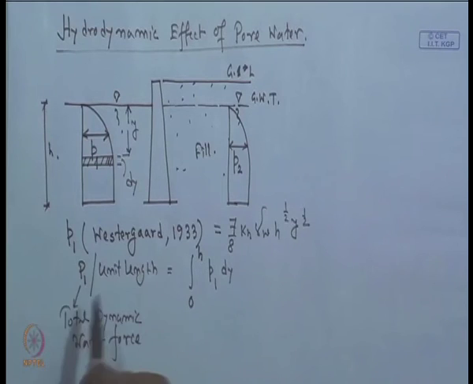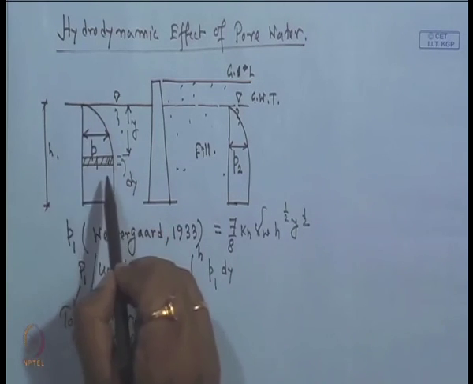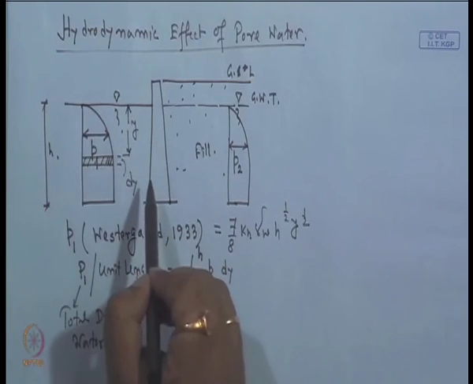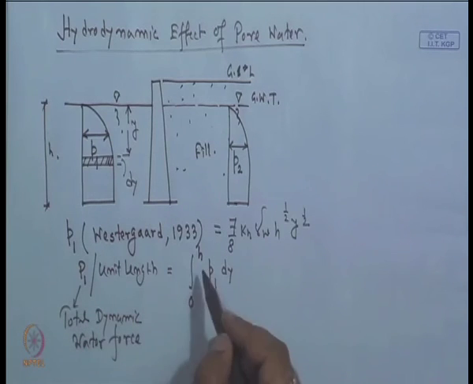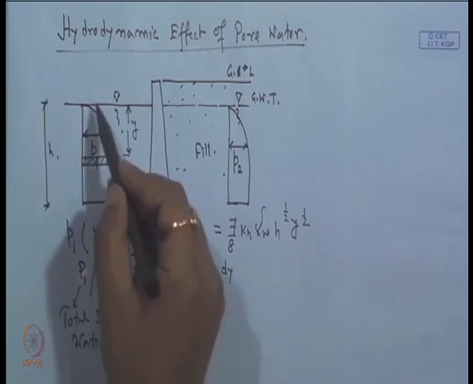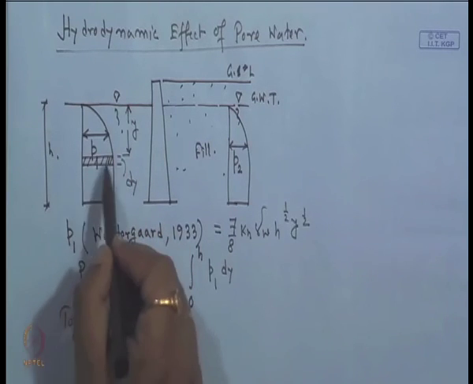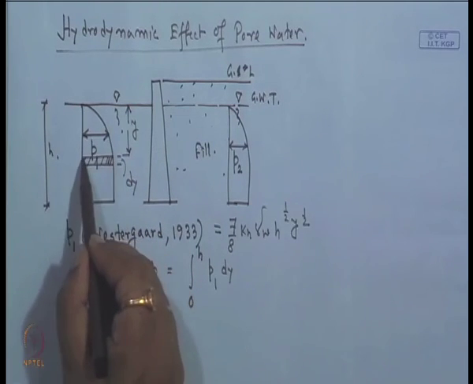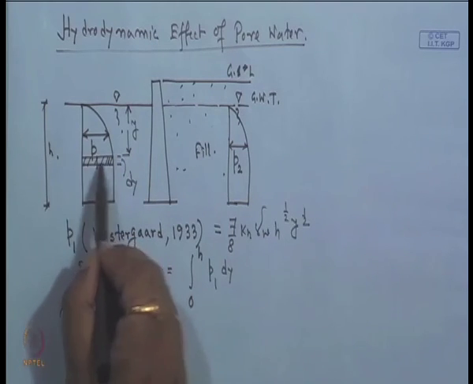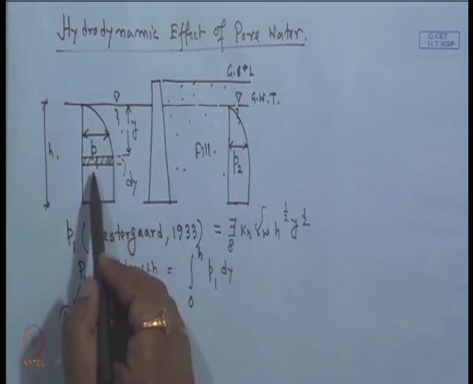So, the total force of this water on this retaining structure is by integrating this pressure at any point into this dy, because this pressure on any small segment dy is P1.